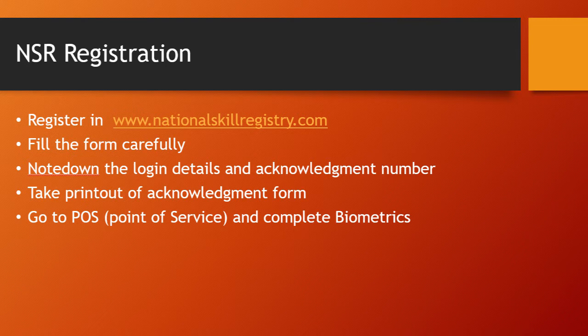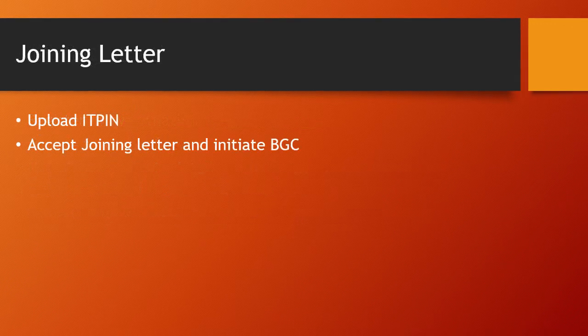Please carry proof of identity and the acknowledgement form to the point of service and give the biometrics, and that's all. The IT pin will be generated within 2 days, and that pin will be sent to you in a mail, and you should upload this IT pin on the TCS website, that is the next step TCS.